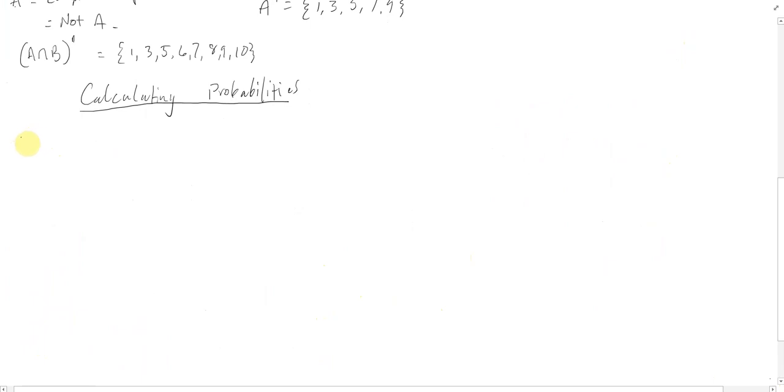So the probability of whatever you're looking for, let's say event A, is the number of elements that are in event A divided by the number of elements that could come up, so the number of elements in our sample space. So it's how many possibilities are we looking for over how many possible things are there in there.